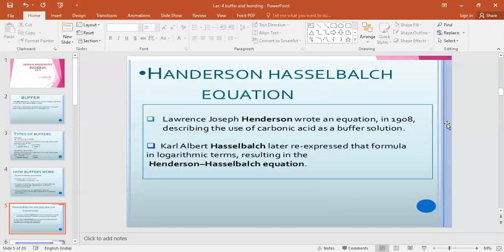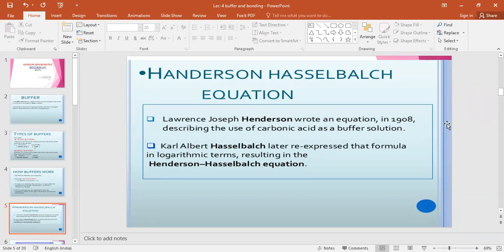Yes, to explain this equation, there are two scientists, Henderson and Hasselbalch. They worked on this concept and developed one equation which is very important to calculate the pH value or the pKa value.